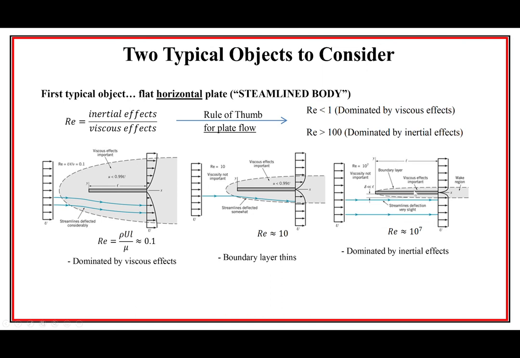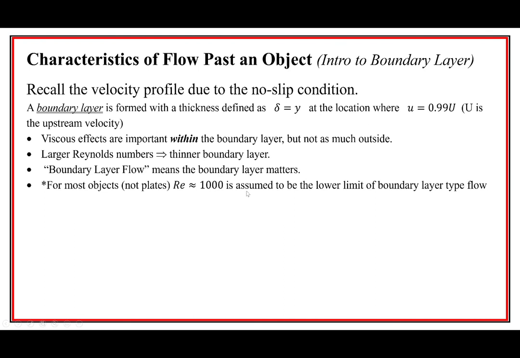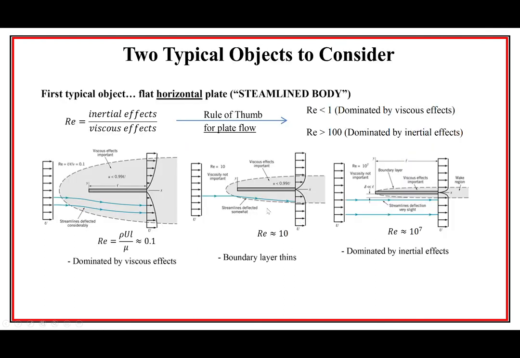And now the viscous forces start to really matter inside this boundary layer. And by the way, 1,000 is where we really start to say that the boundary layers really start to matter. So up above, the boundary layer really didn't matter all that much. It was really the inertia forces.